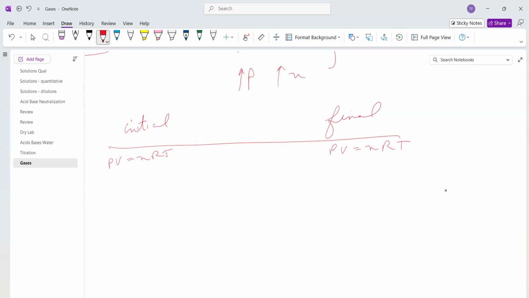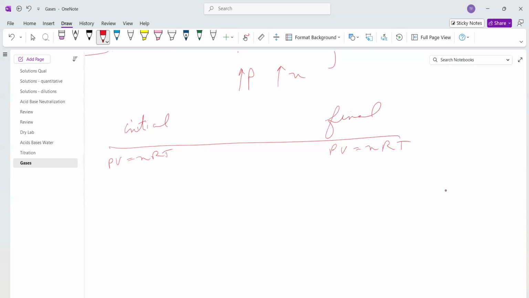Okay, what's the same on both those conditions? Does R change? No. R does not change. Does P change? V change, T change, all three of those change. But R is a constant by definition, does not change.